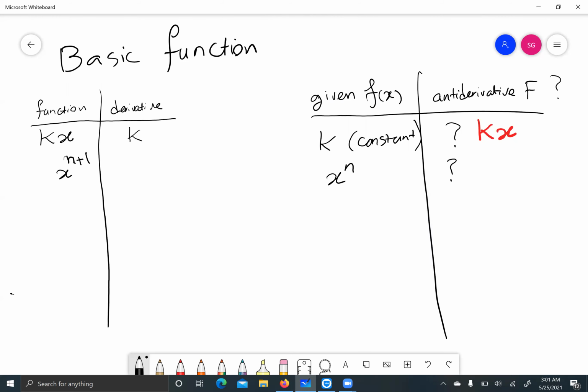So yes, the antiderivative is x to the power of n plus 1, but the multiplier is not here, so I also need to reverse it. If it's multiplied by the multiplier, I need to divide it. So for x to the n, the antiderivative is x to the n plus 1 over n plus 1.